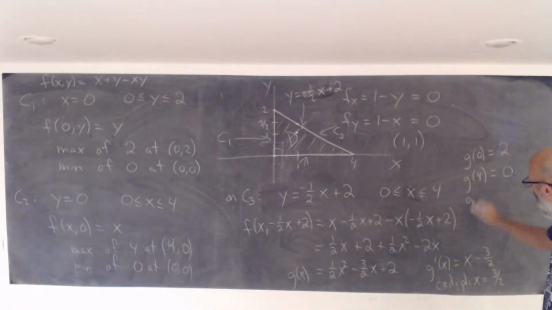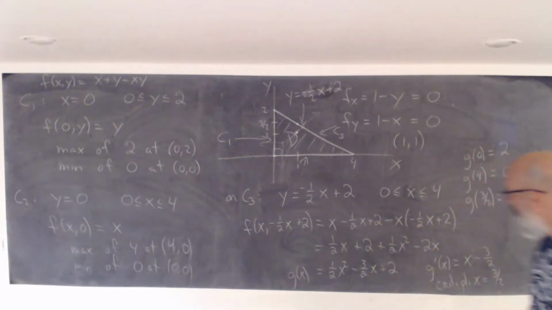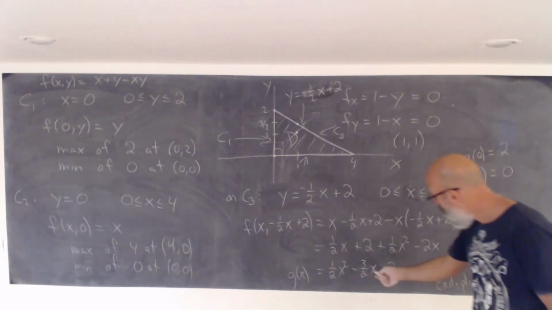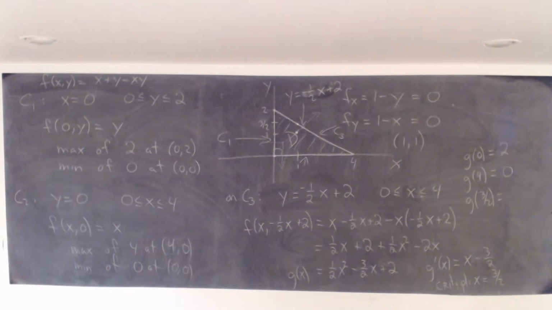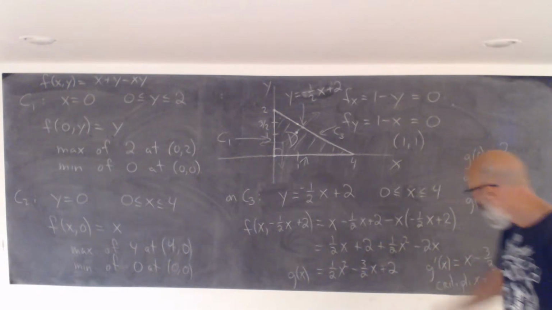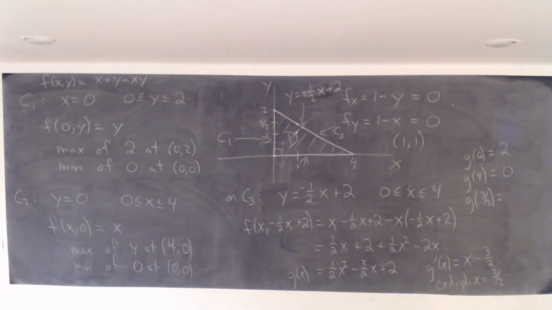And finally, at 3/2, this is 9/8 minus 9/4 plus 2. So that is 9 minus 18 over 8 plus 2. 7/8, is that right? 7/8?